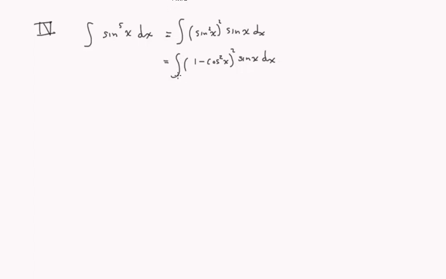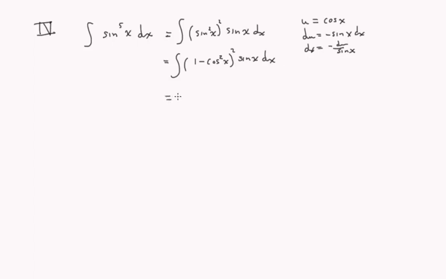Then what happens is you simply do a u substitution. So let's let u equal the cosine of x. Du then would be negative sine x dx, and dx of course would be negative du over sine x, which would cancel out this and bring a negative in front.